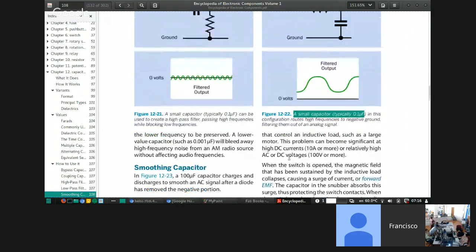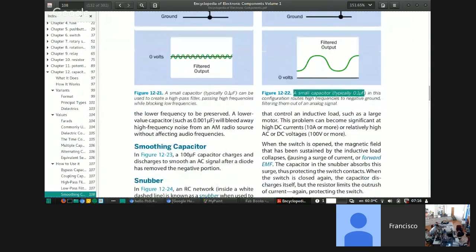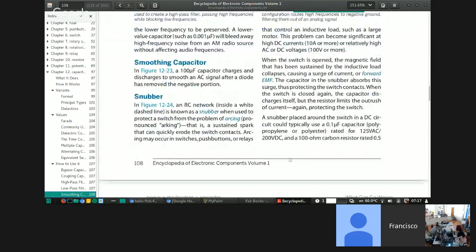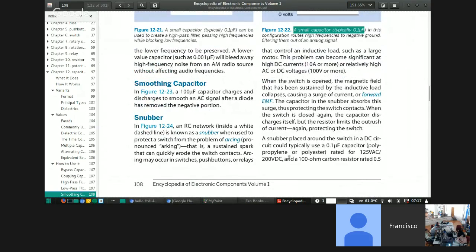So here we need to limit the current. That's why we put a 10K resistor over there. It's the same thing when we ground a digital pin of an IC. We don't just connect it to ground. We use a resistor over there. So it's the same.